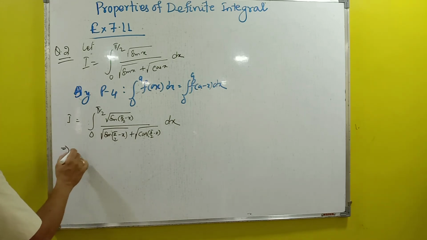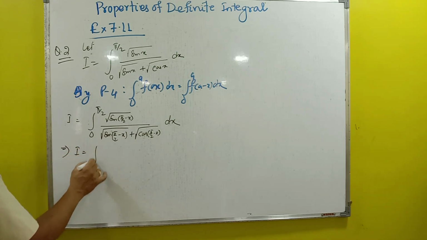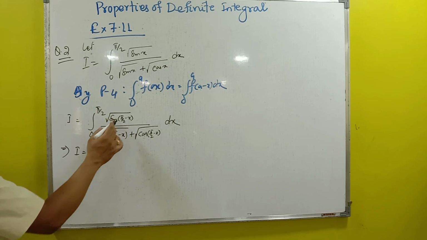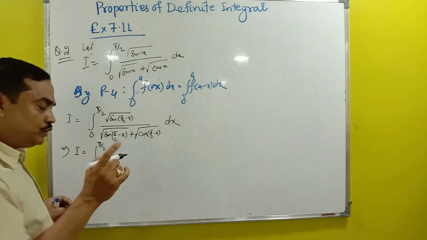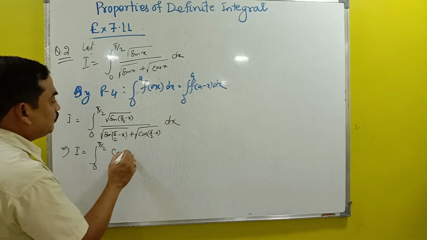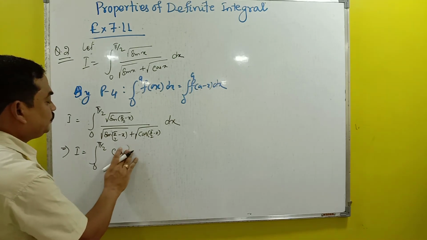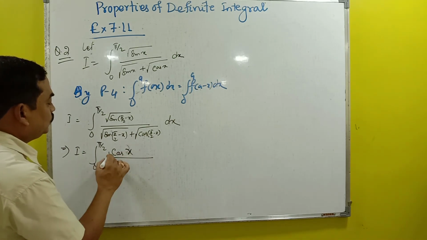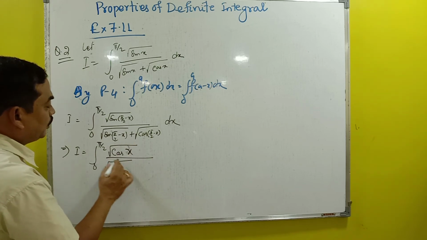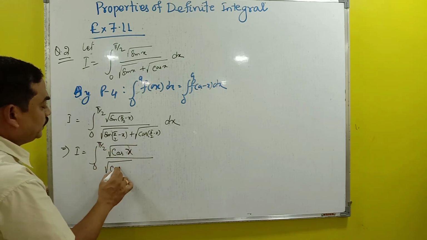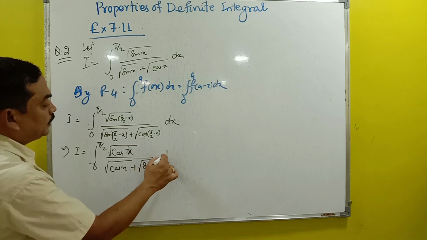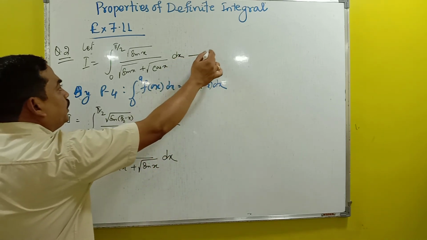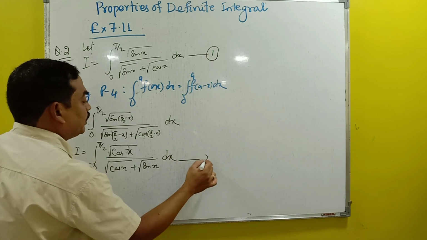This implies I is equal to the integral from 0 to pi by 2, where sin of 90 minus theta is cos theta. So this is root cos x upon root cos x plus root sin x dx. This one you name as 1, and this one you name as 2.